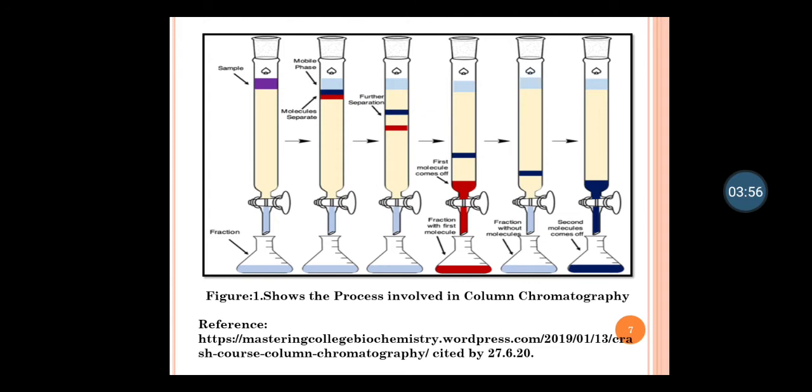The violet substance has stronger affinity, so it moves slowly. The red substance has lesser affinity, so it moves faster and comes out first. So now you have understood the process involved in column chromatography.